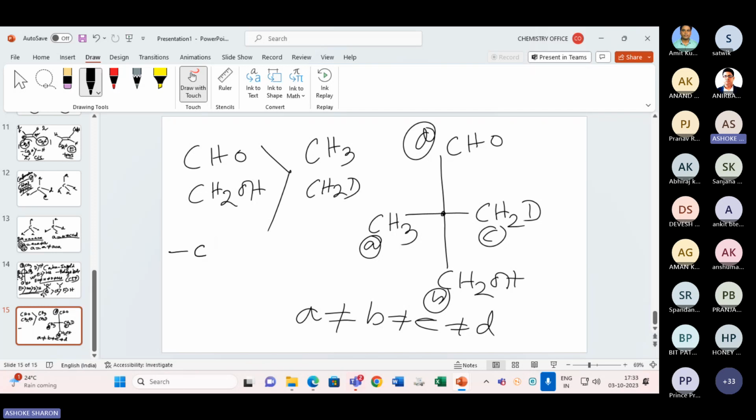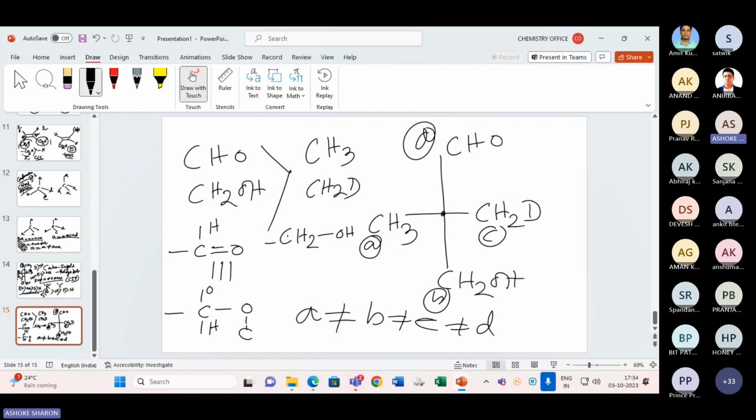CHO means carbonyl hydrogen. That one we can break down this way: carbon, oxygen, carbon, oxygen, and hydrogen.